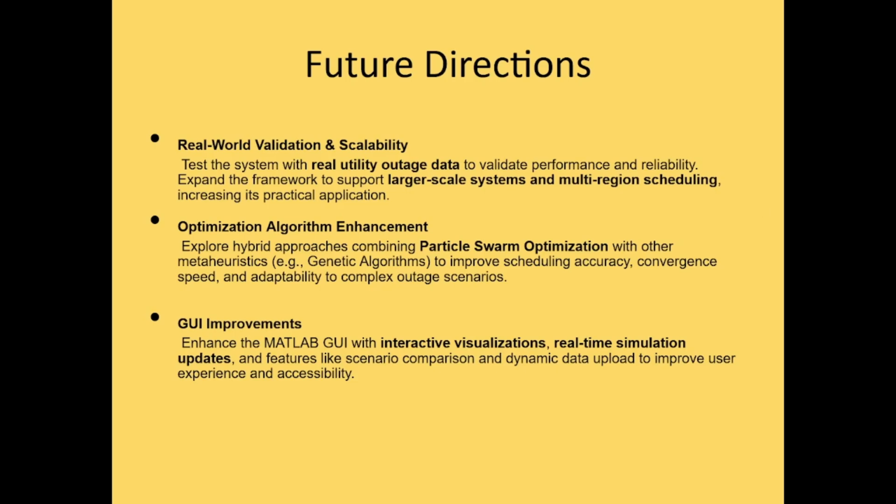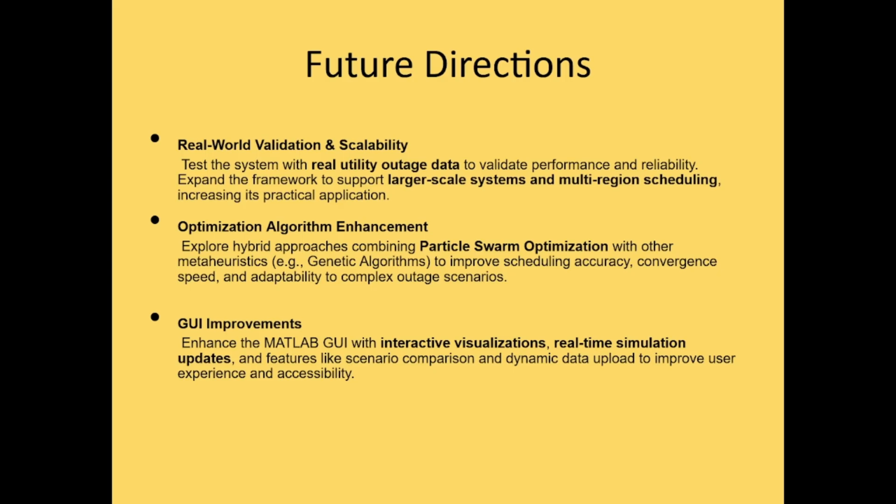Future directions for this project, we did use a real-world system, and we tested real-world data in our simulation. This has the capability of supporting larger scale systems or other regions. The optimization algorithm enhancement, we've explored a hybrid approach in particle swarm optimization just to improve the accuracy, the convergence speed, and adaptability of these complex outage scenarios, because you can select any number at any given time.